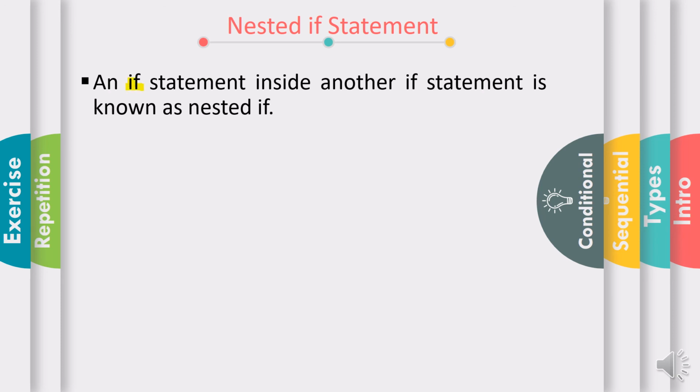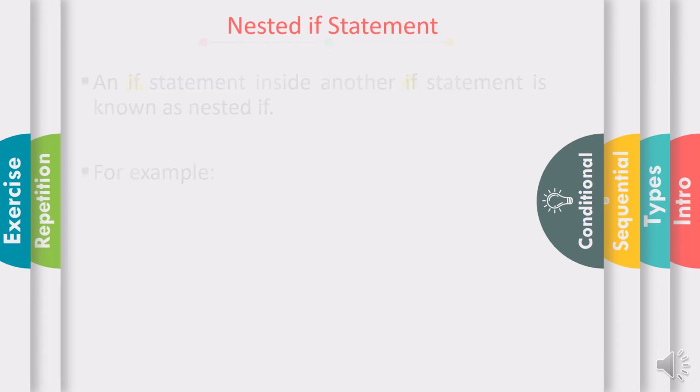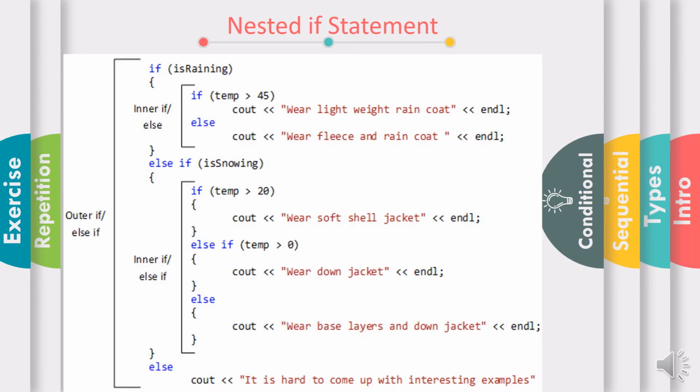It means that if we are using a condition and in that condition we are also using another condition, so such type of if statements are known as the nested if statements. For example, here you can see that we are using the if statement. For this if statement we are using another if statement.